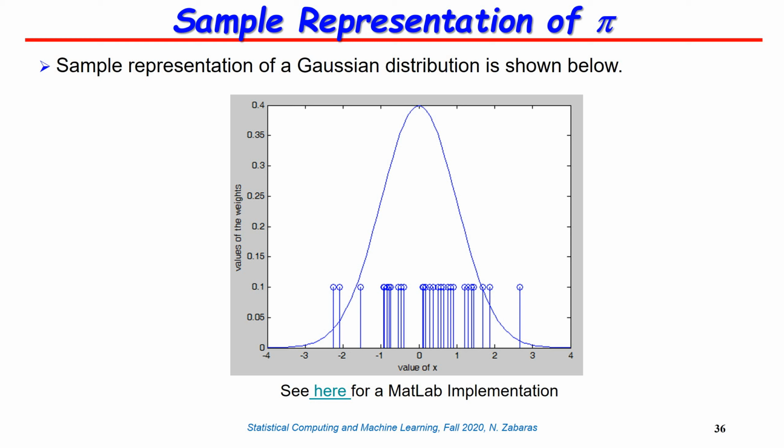Now, what is important, and I want you to pay attention, in most of the course up to now, when somebody gives us samples, we always try to fit them parametrically to some distribution. Here actually we are going the other way around.